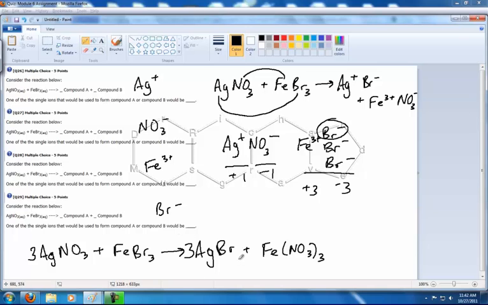And then if I look at the solubility chart, I'll see that that's the solid, and that these guys are aqueous. And that would at least complete that part of the question, which involves figuring out the compounds here, and then later on you could split this into ions as well. But at least that gets you this far.